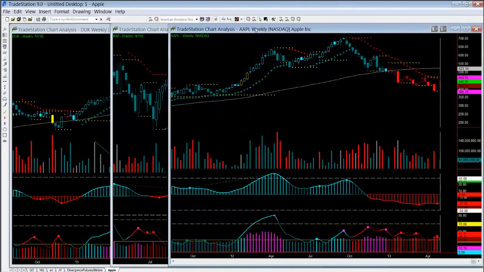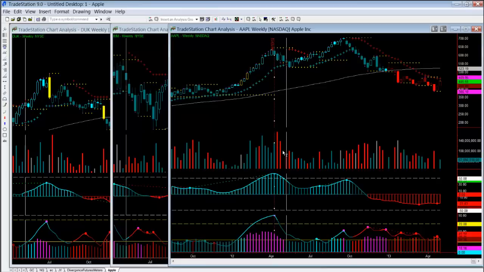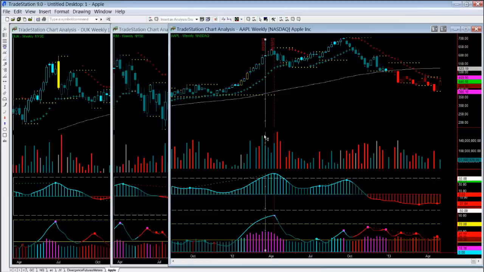Okay, if you go and look at Apple, what happened right at the top of Apple? Did you get diverging volume? Yes. I knew that Apple was getting weak here. This is when the weakness really started.